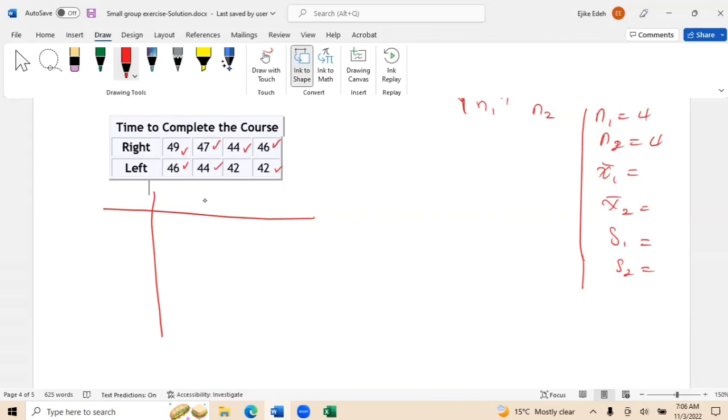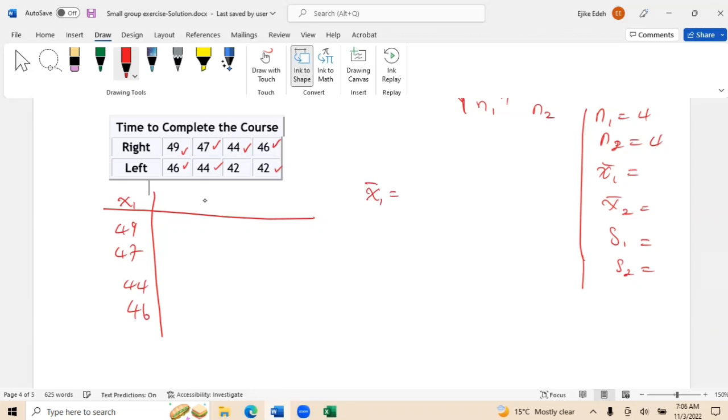So let's have our data for group 1 here. Let's call it X1. So I have 49, 47, 44, and 46.